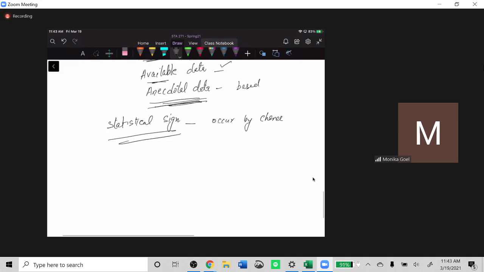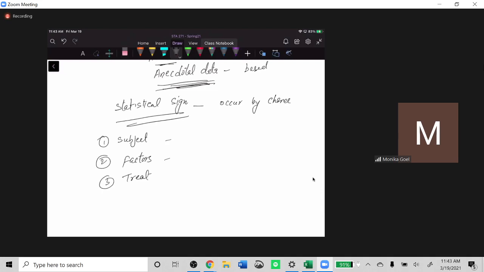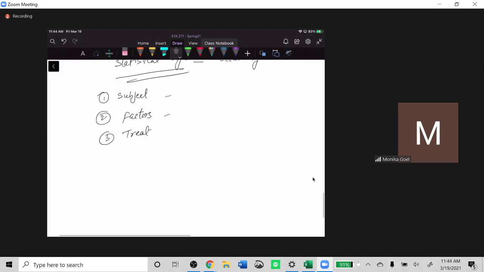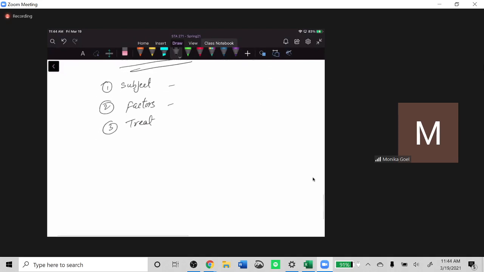So when we say experiment, we use some vocabulary words: subjects, factors, treatment. Subjects are basically experimental units, factors are explanatory variables, and treatment is the experimental condition that is applied to your factors. Treatment is basically the experimental condition applied to your experimental units, which are your subjects.